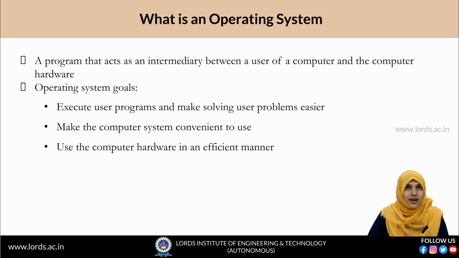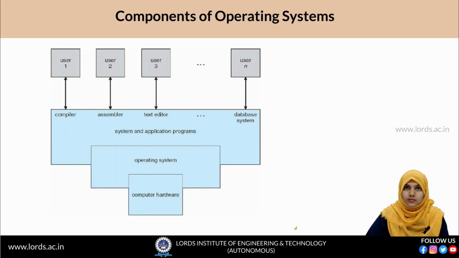Next, components of an operating system. A computer system is divided into four main components: the hardware, the application programs, the operating system, and the users who access it.